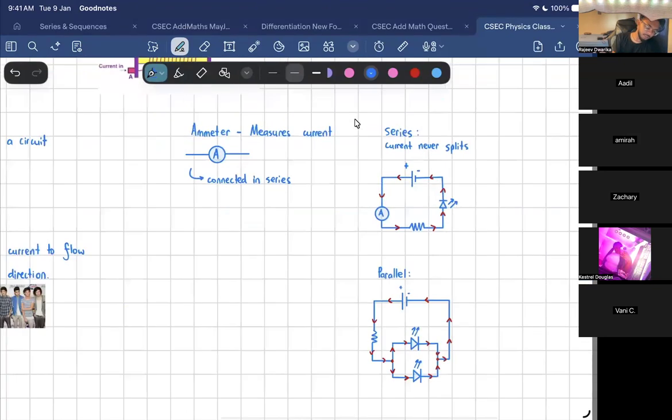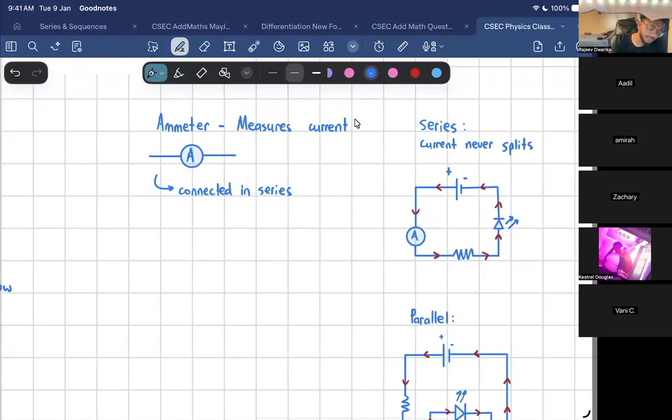So measuring current is important. What else should we be able to measure? Do any of y'all know? Voltage. Right. If our ammeter measures current, what do you think I'll call the device that measures voltage? Voltmeter. Yeah, voltmeter.